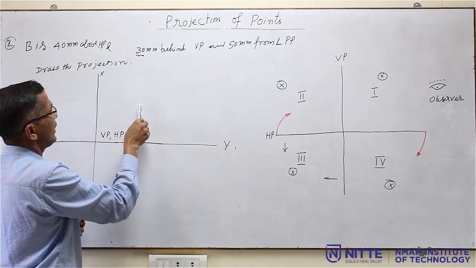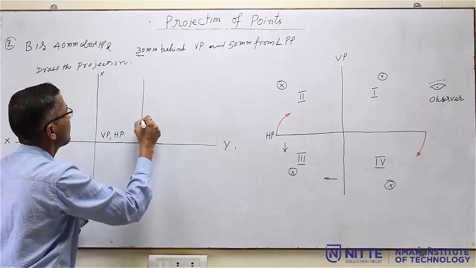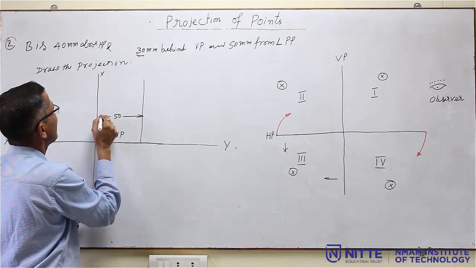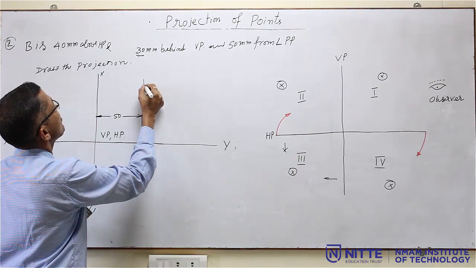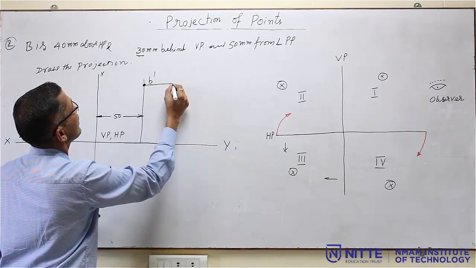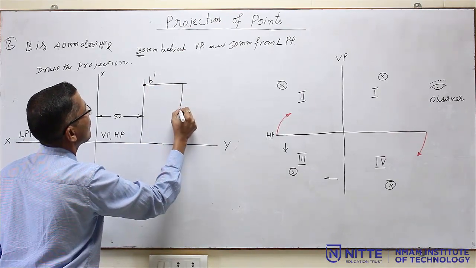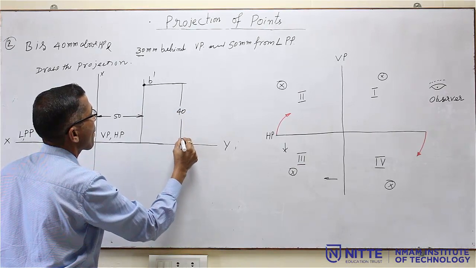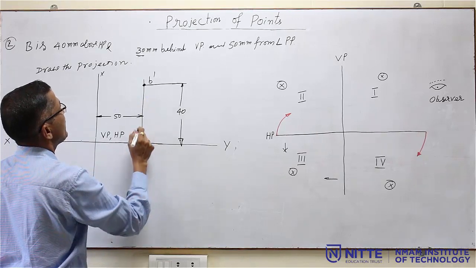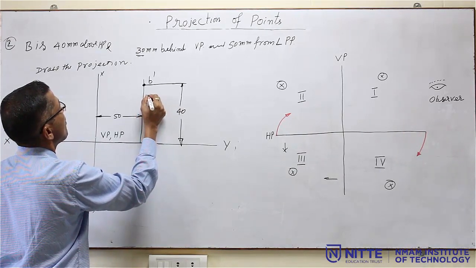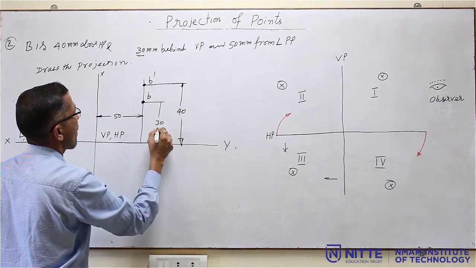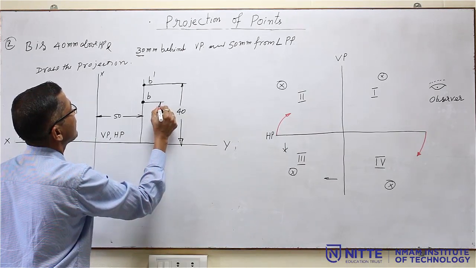From the profile plane, a distance of 50 mm, and specify that distance like this, and above HP 40 mm. So, this is B dash, 40 mm, and 30 mm from VP. So, from here 30 mm. So, this is B, and dimension that like this.